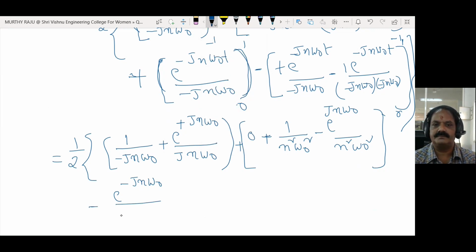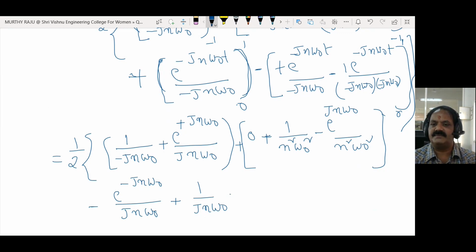For the 0 limit, e^0 is 1, minus of minus plus 1 by jnω₀. This is also completed.